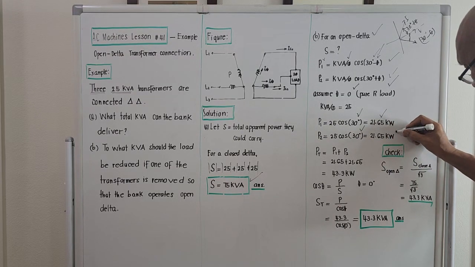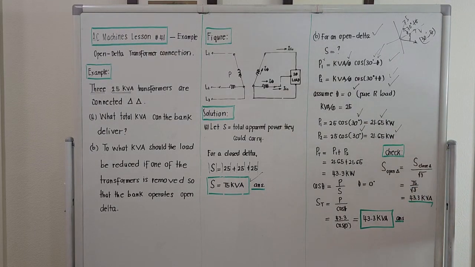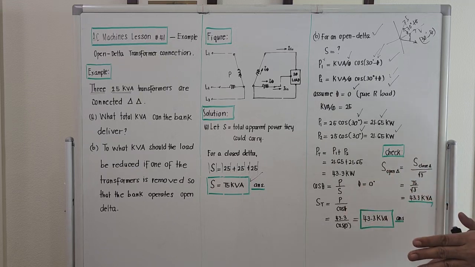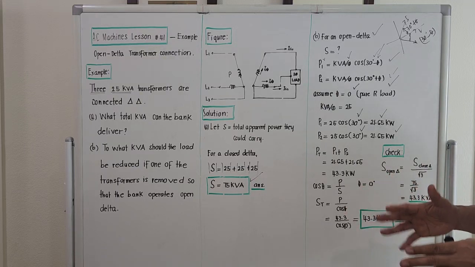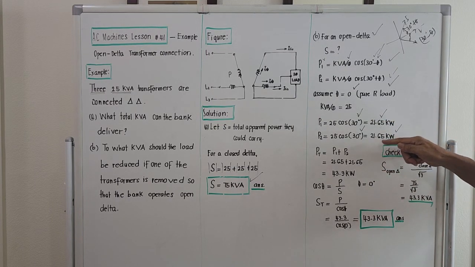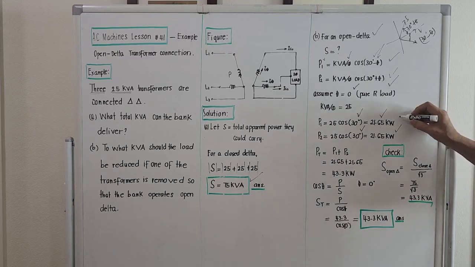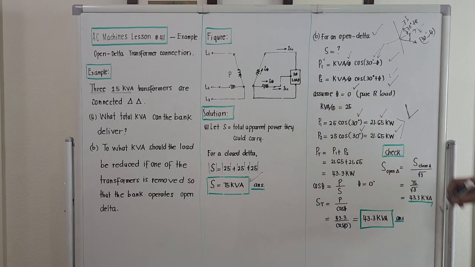Actually, when theta is 0, that's the best condition for the two transformers, okay? Because they are not overloaded. Transformer winding number 1 and number 2 carry the same load, 21.65 kilowatts. This is actually the best condition for the transformers since they are connected open delta.